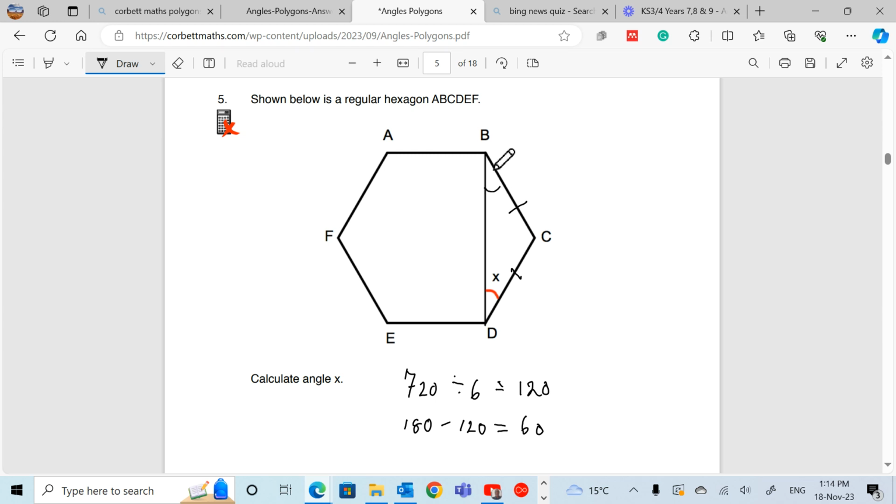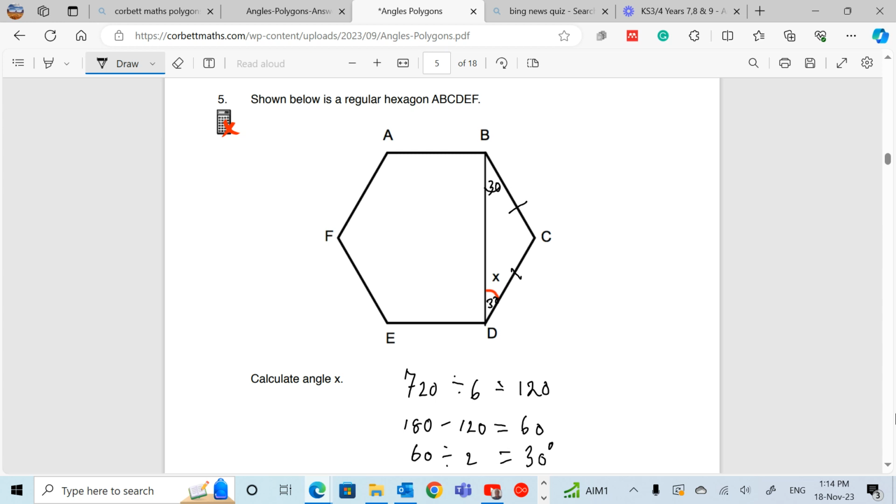The sum of the two angles will be 60 degrees, which means that this will be 30 and that will be 30. Because we've got an isosceles triangle, 60 degrees divided by the two angles is equal to 30 degrees.